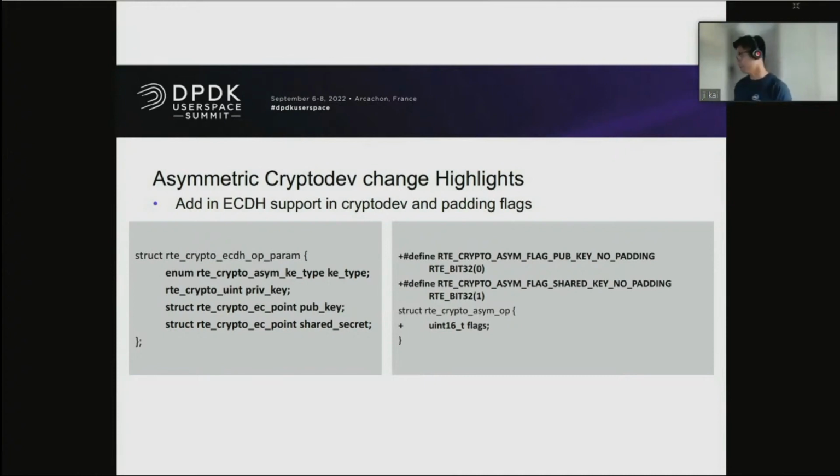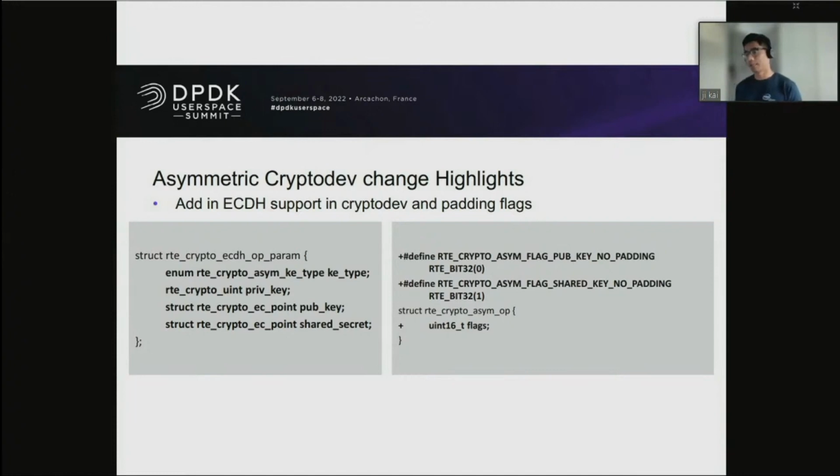We have added a new padding flag in the asymmetric op structure. Diffie-Hellman padding is used in certain protocols. By default, the public key and shared secret will be padded on the left with 0 to the size of the defined algorithm. Even the same protocol might be used in different approaches.